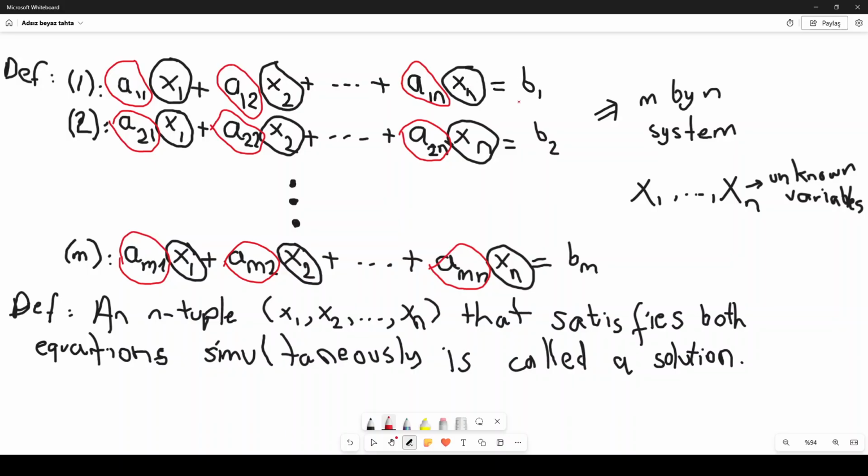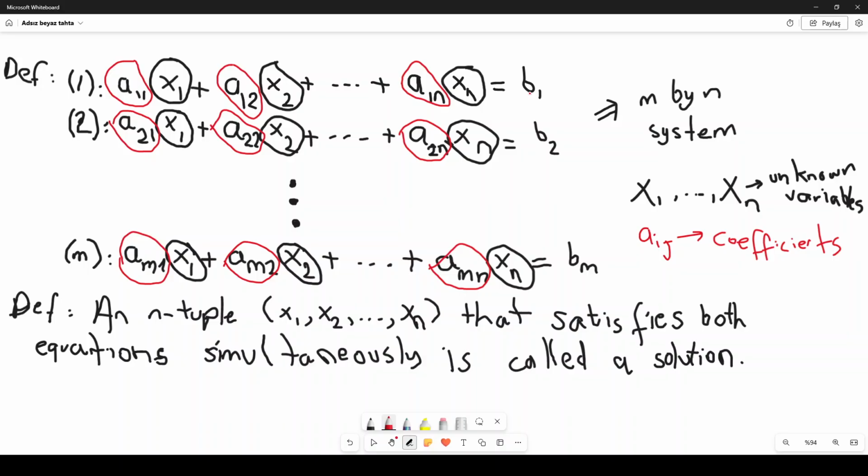These are, of course, the basic terminology, as I said earlier. We call the xi's unknown variables, and we call the aij's, and let me write it down just to show you clearly, the coefficients of the unknown variables.